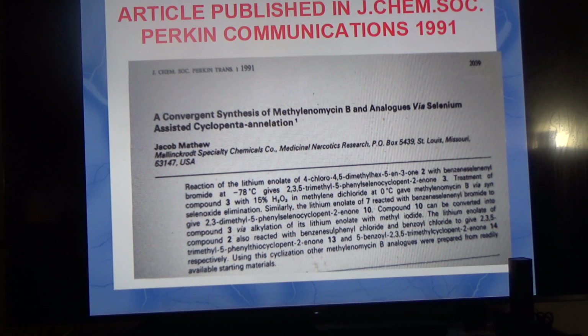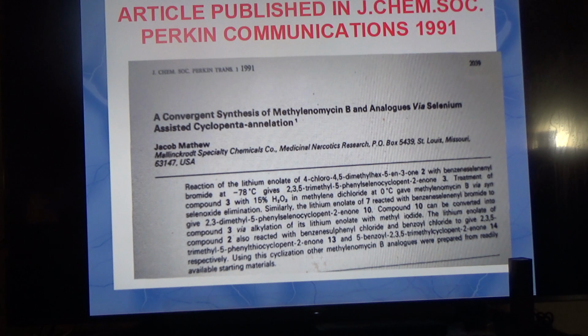While working on that, we found that when you add benzene sulfonyl chloride to the anion of this ketone, after workup we isolated the cyclopentenone with the benzene sulfonate on the alpha carbon next to the carbonyl group.